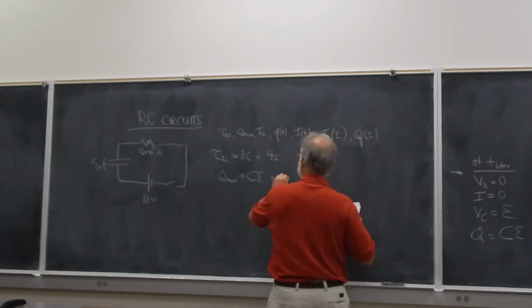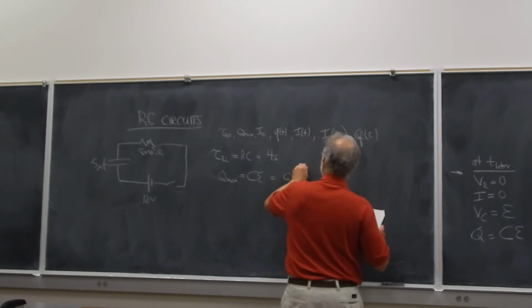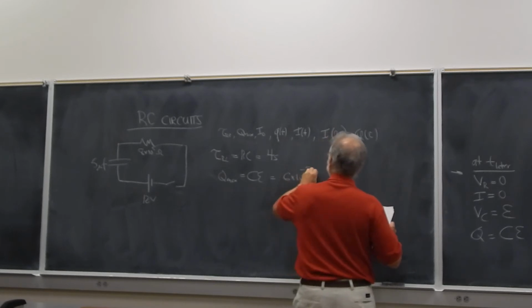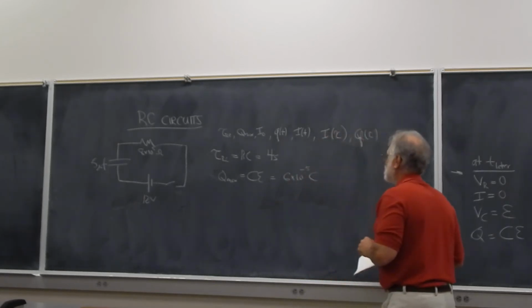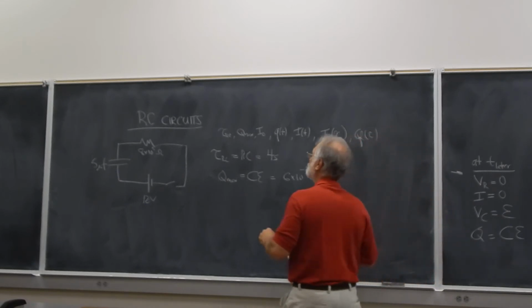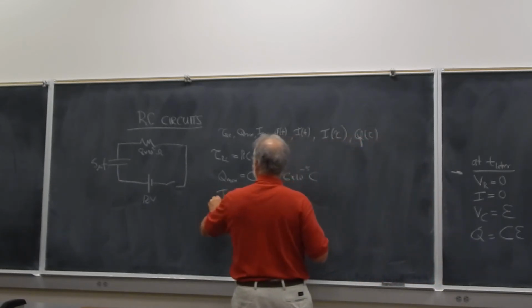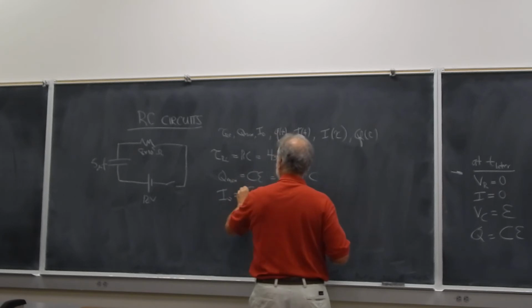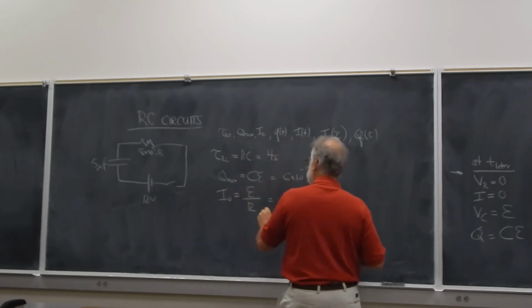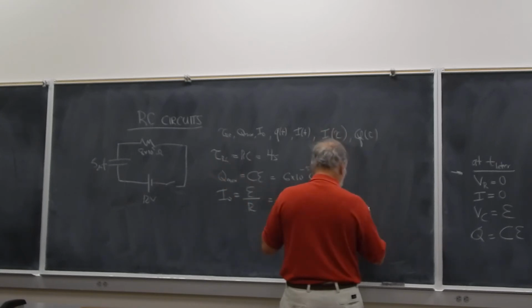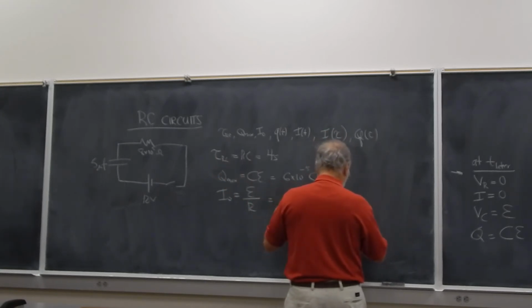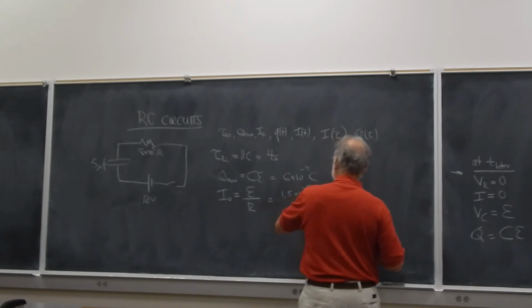That's going to give me 6 times 10 to the minus 5 coulombs, or if you like, 60 microcoulombs. My initial current, of course, is going to be the voltage divided by the resistance, and that's going to be 12 divided by 8 times 10 to the 5th, or 1.5 times 10 to the minus 5 amps.